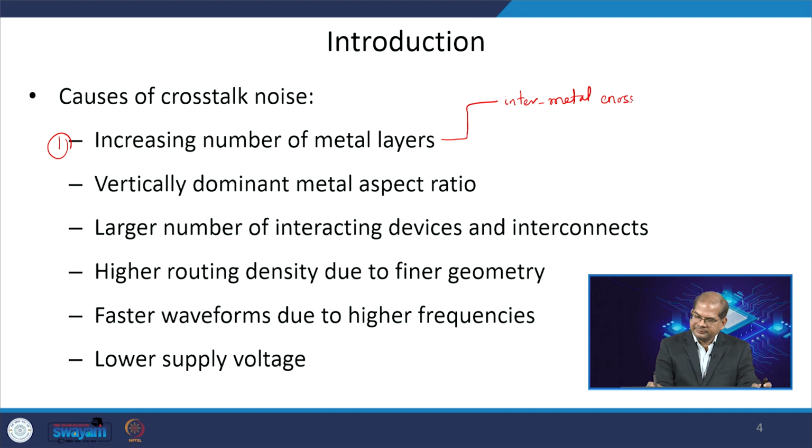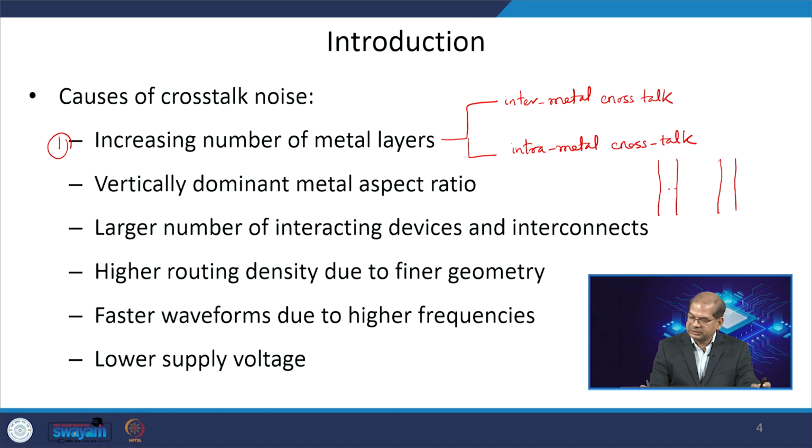So, there will be intermetal crosstalk. Then the second one is intrametal crosstalk. Intrametal means that let us say I have a metal 1, I have another metal 1, what is the coupling capacitance between them? This is called same metal.